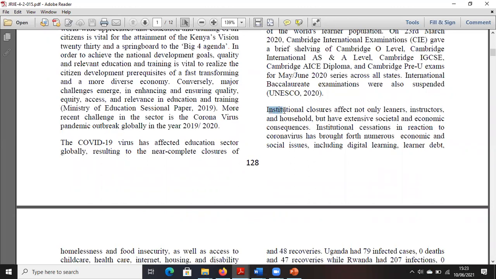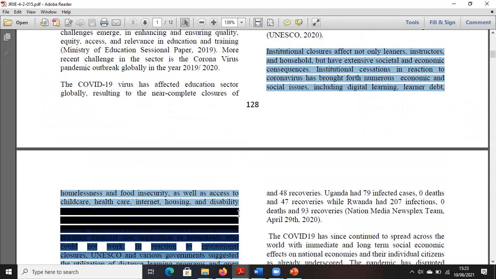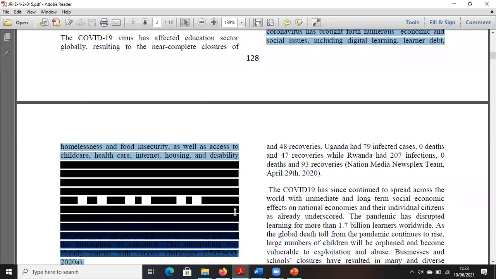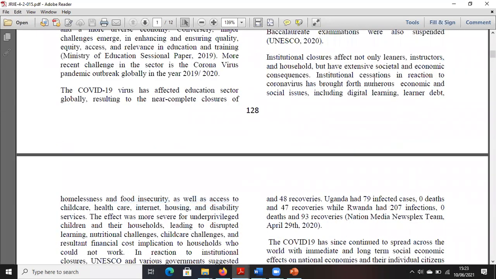This statement here: institutional closures affect not only learners, households, but have intensive social effects in reaction to this broad, and so on. I decide to get all of this, maybe up to here.